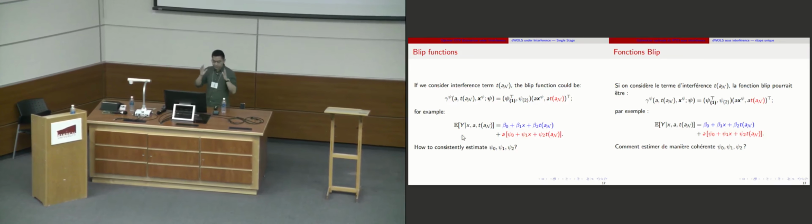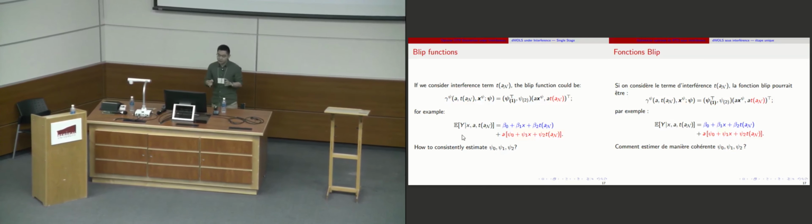So once we have the concept of the interference term, now let's see how we can integrate this term into the method. We give two modeling methods. The first one: we consider this interference term, and we assume that the blip function can be linearly modeled in this form. We have the original parameter xi, and we have the interference term T of A_N here.